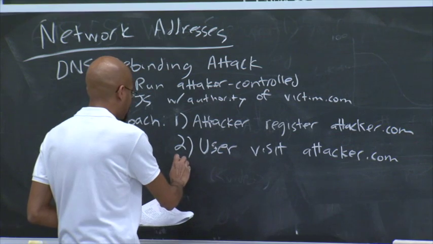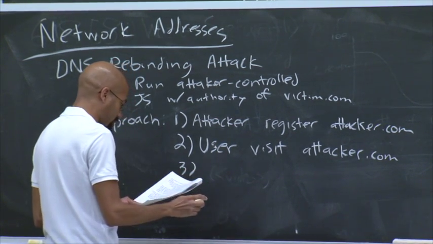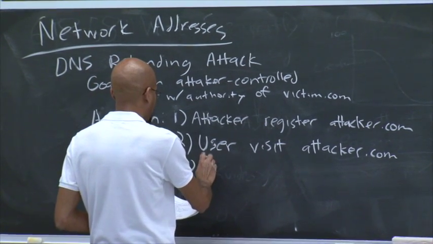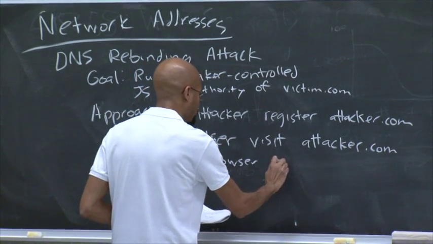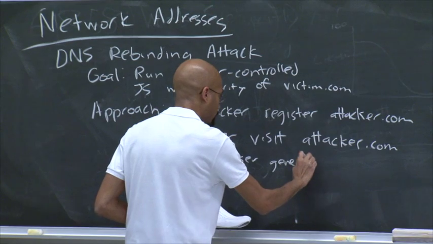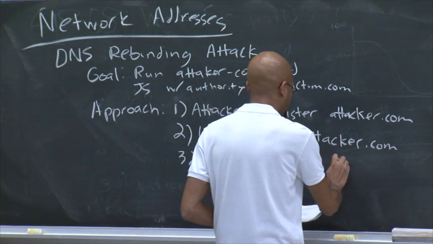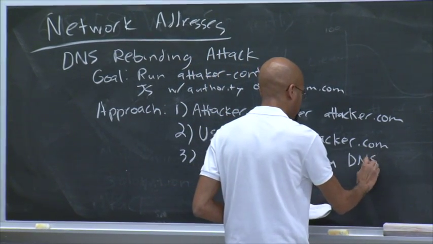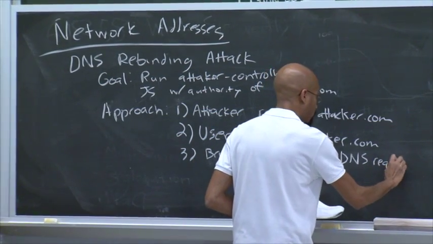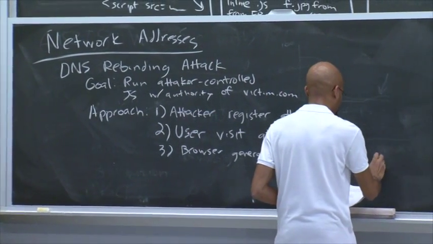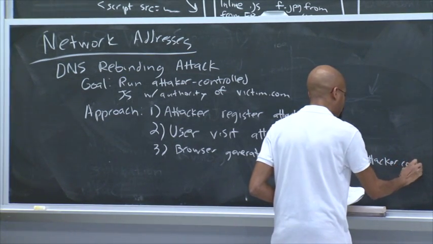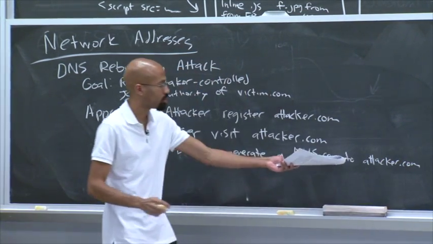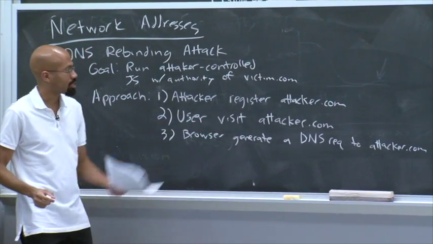So what's going to happen? This is actually going to cause the browser to generate a DNS request to attacker.com. Right? Because this page has some objects that refer to some objects that live in attacker.com.